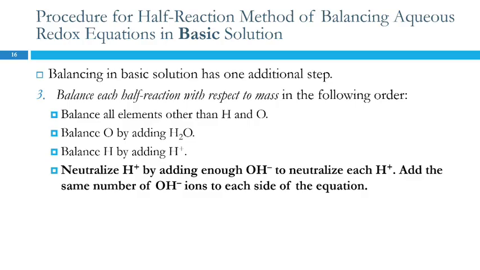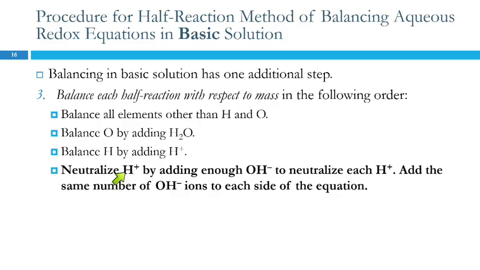What if it's in a basic solution? The process is the same with one added step. So when you balance for mass, balance everything but hydrogen and oxygen, balance oxygen by adding water, balance hydrogen by adding H+. And then we think, oh wait, this is a basic solution. There's not going to be H pluses in it. So you're going to neutralize those H pluses.